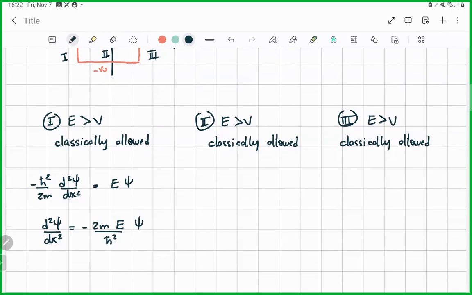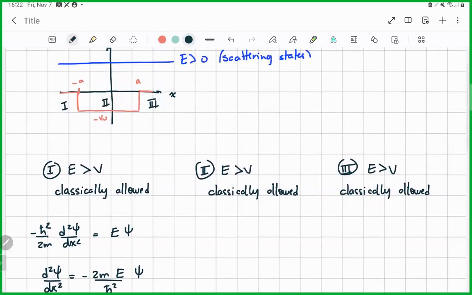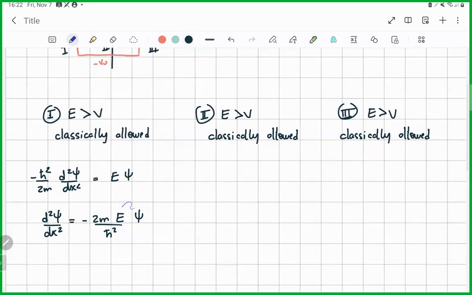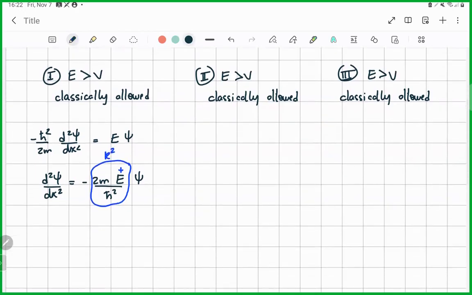Now, we are going to incorporate all of these constants that we see there, including the energy, in a single symbol squared. The energy, as we already said, is positive. So to have a quantity squared, I am not going to pick the minus sign. I keep the minus sign out, and I'll call this k squared. So my equation now is minus k squared psi equal to minus k squared psi.